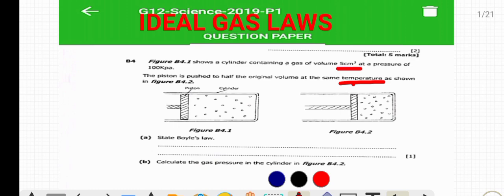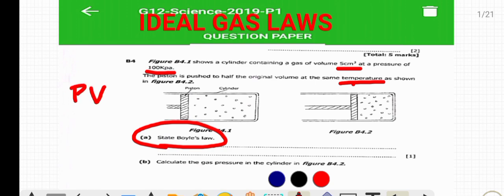Then what do we have? We have this volume, and we have half of it as another volume. Then we have this pressure that we are given here. So we can solve this using Boyle's law. Part A asks us to state Boyle's law, and then we use the same Boyle's law because we have pressure and volume.